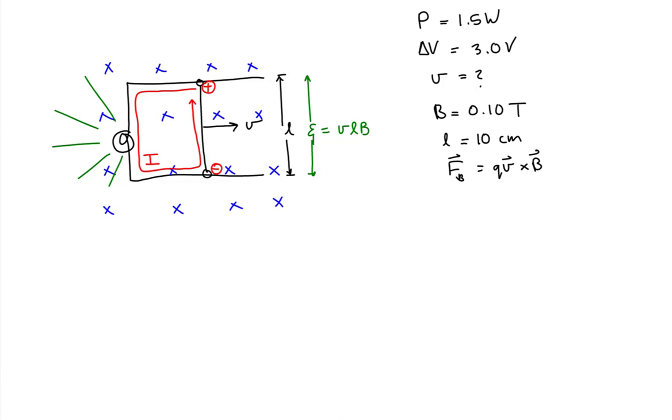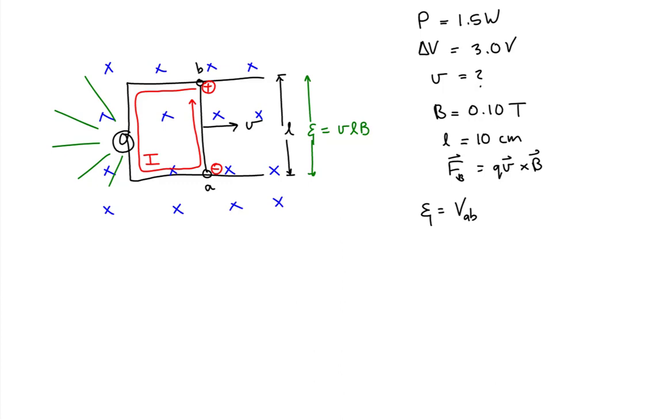Now, if we call the bottom part of this wire point A, and if we call the top part of the wire point B, that motional EMF is the potential difference from A to B. So our motional EMF is equal to the voltage at which the light bulb needs to have in order to reach maximum brightness.